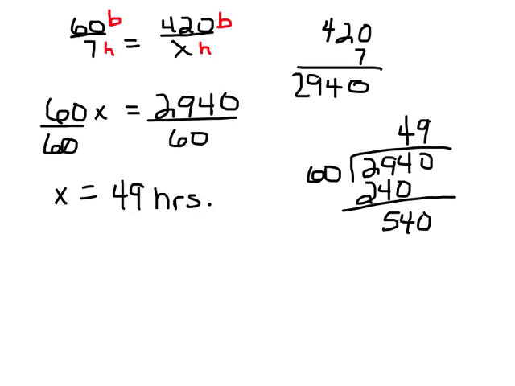So again, we're going to solve this by cross multiplication, and 60X, we're using X, we could use H, is equal to 2,940, which is 7 times 420. We divide both sides by 60. You can see I've done that over here. And we get X is equal to 49 hours.